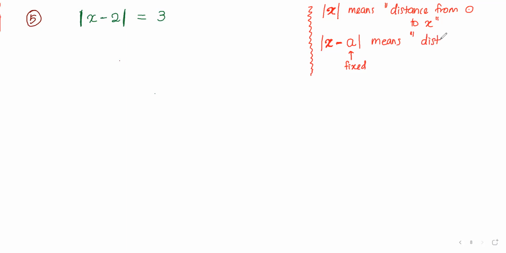If you have x minus a, where a is some fixed number, that means distance. Let me see whether you're saying it. Distance from a to x.